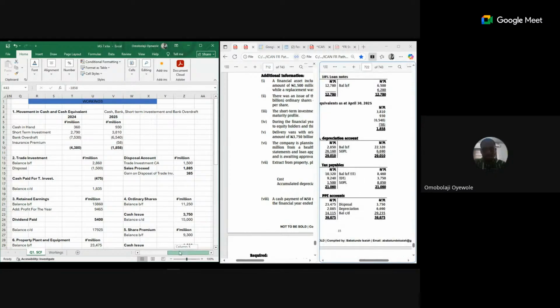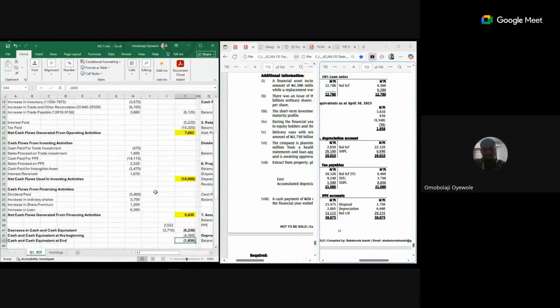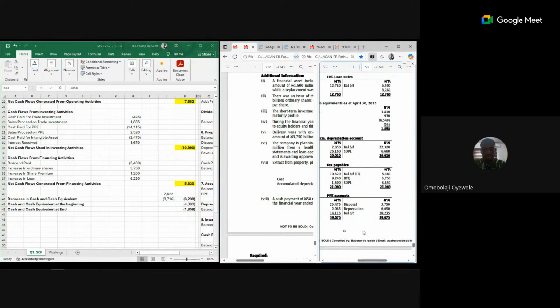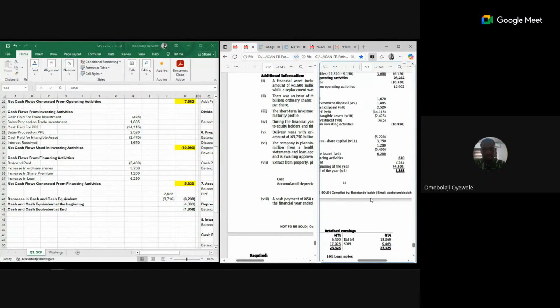So we are correct. Our solution is correct. So something is wrong, whether with their figures, or there is something we are not seeing in the question. All our solutions are correct. The only discrepancy is the 1,858 negative that we have at the end and the 1,858 positive that they have at the end.